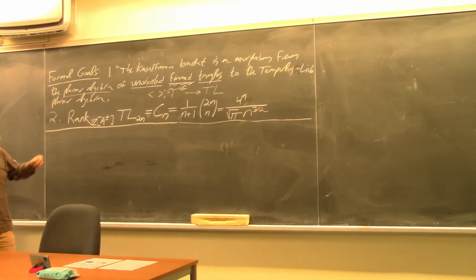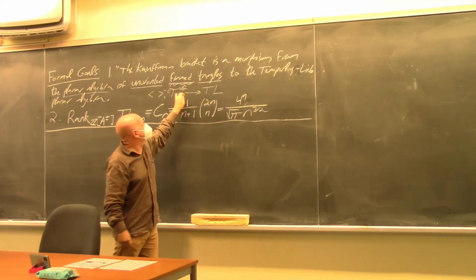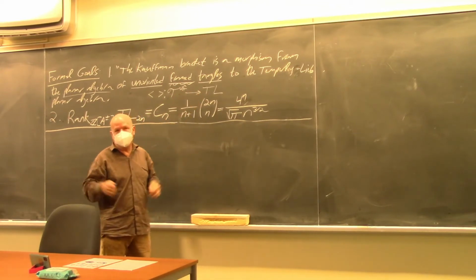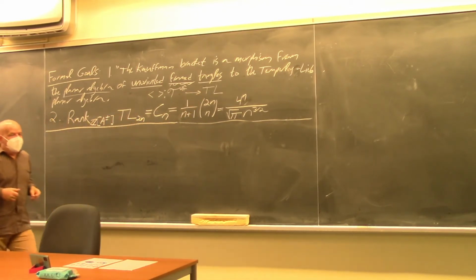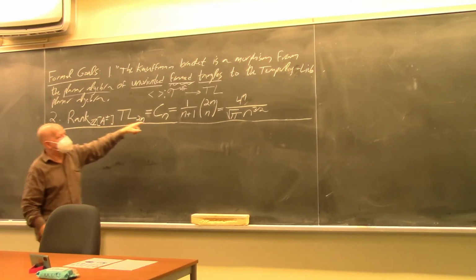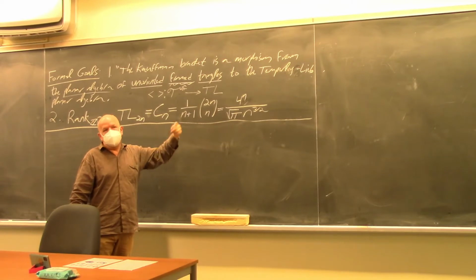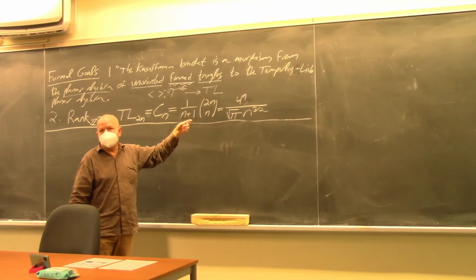In fact, most of the time we spent defining planar algebra, and then these two are simple examples. Then I still owe you why the rank of the Temperley-Lieb algebra is what is written here, and why this is good for computations.